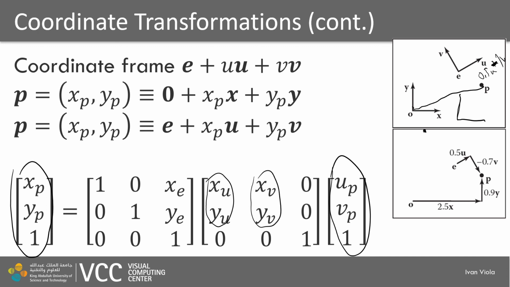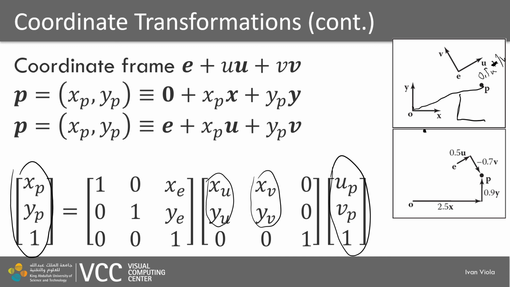And we are essentially rotating this point uv with these coordinates so that we get the point in the xy coordinate system, now below the x-axis.